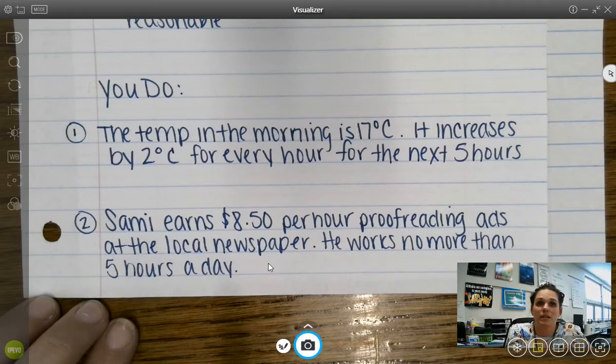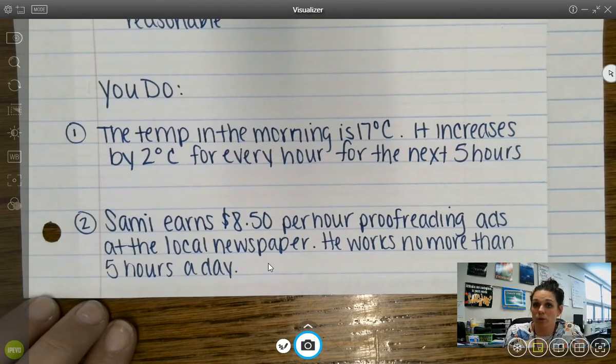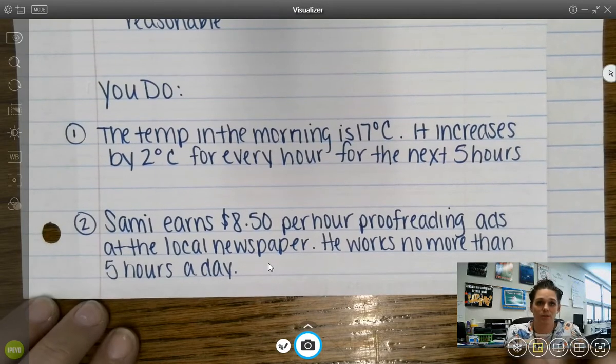Then we have Sammy. She is earning $8.50 per hour proofreading ads at the local newspaper. She works no more than 5 hours a day. So what would be the function rule? And then what would be the reasonable domain and ranges for these answers?